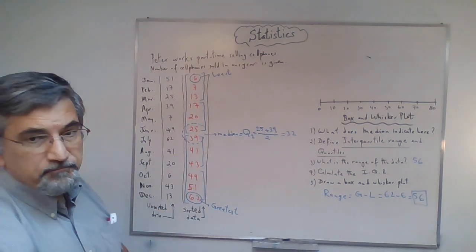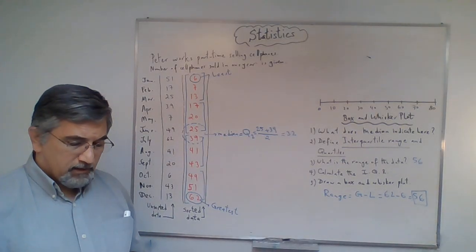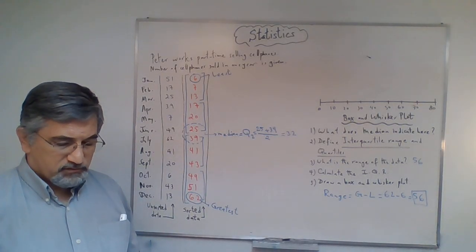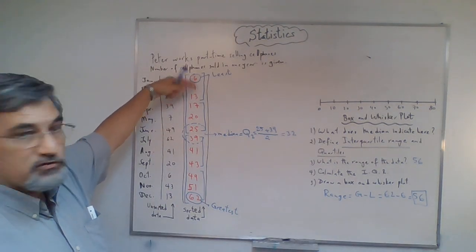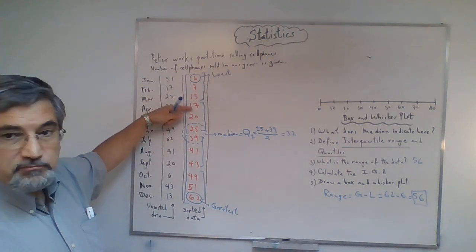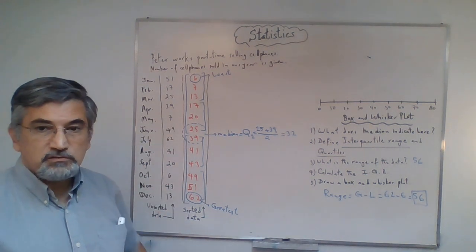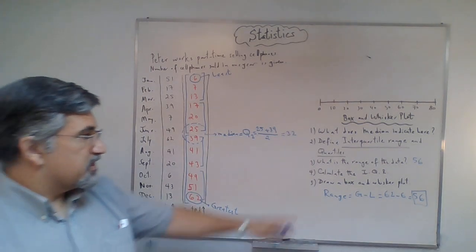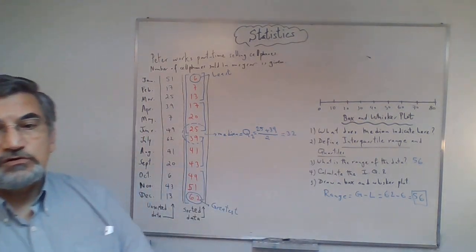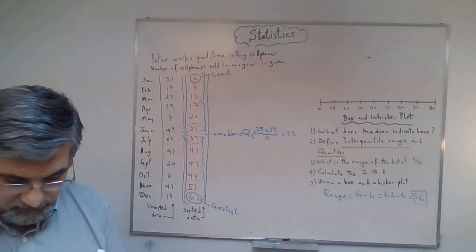So I divided my data set into 4 intervals with equal numbers of data. I have 3 in the first part, 3 in the second part, 3 in the third part, and 3 data values in the fourth part. So they're all equal. So that's what a quartile is to begin with. And then interquartile, or well, actually I have to finish this up.